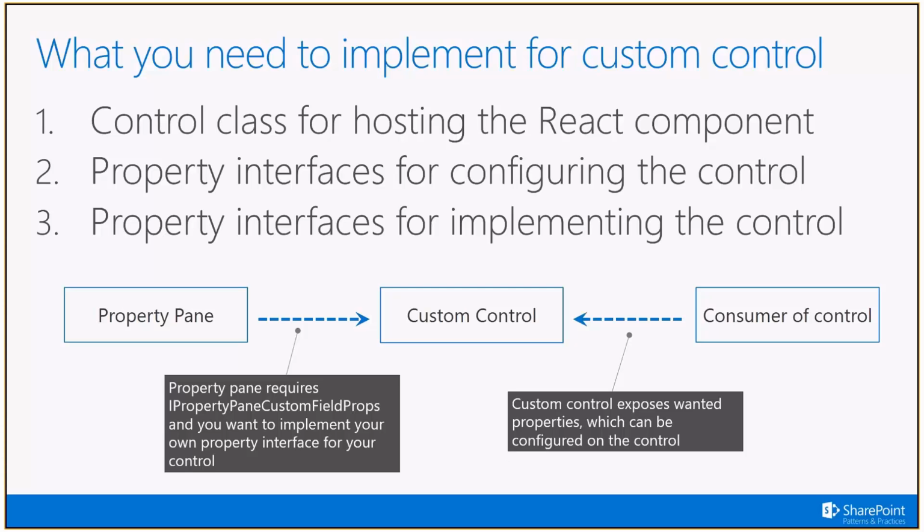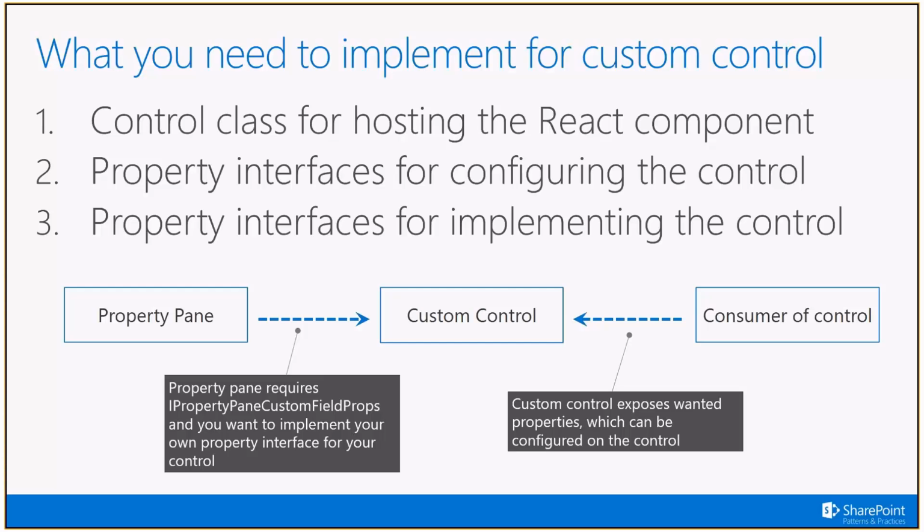Anything you want to add there, Waldek? Yes, so for example, things that are a part of the IPropertyPaneCustomFieldProps interface are things like onRender, so that the property pane that would use the control that you build knows how to render your control.